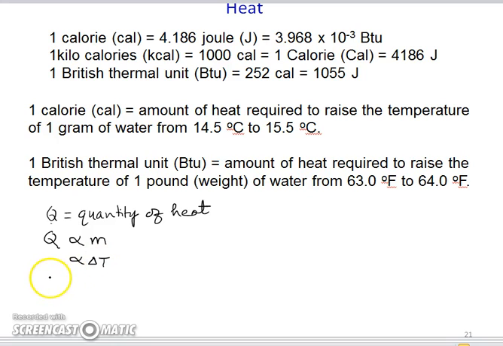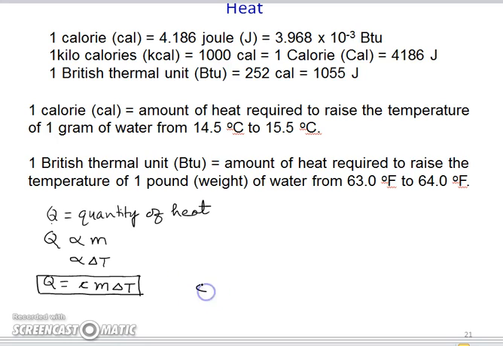If I combine the two, we get an expression: Q, the quantity of heat required, is equal to some constant of proportionality, which I denote by small letter c, times the mass of the material and how much you want to raise the temperature. So Q is equal to c m delta T. This is the first relationship, which gives the heat to raise the temperature by delta T. And what is c?